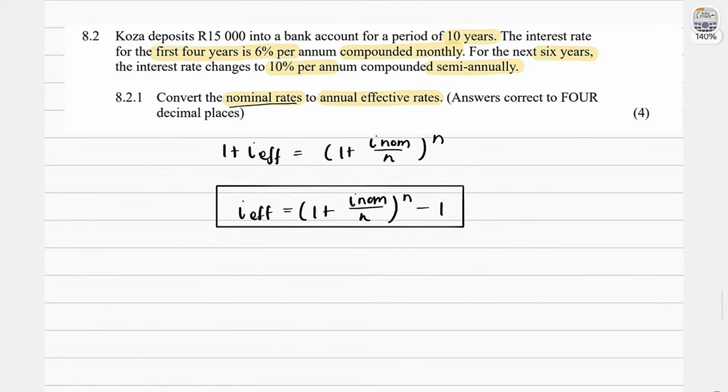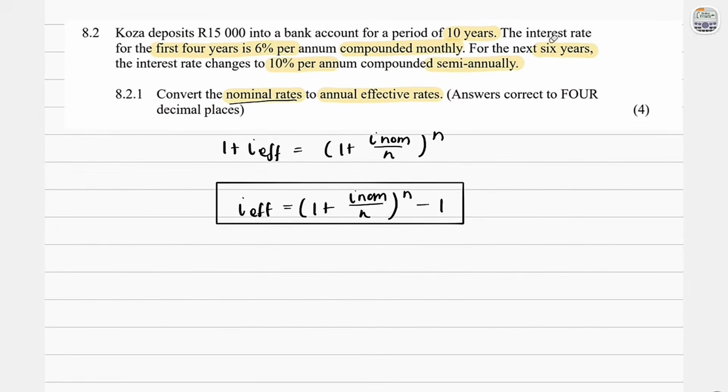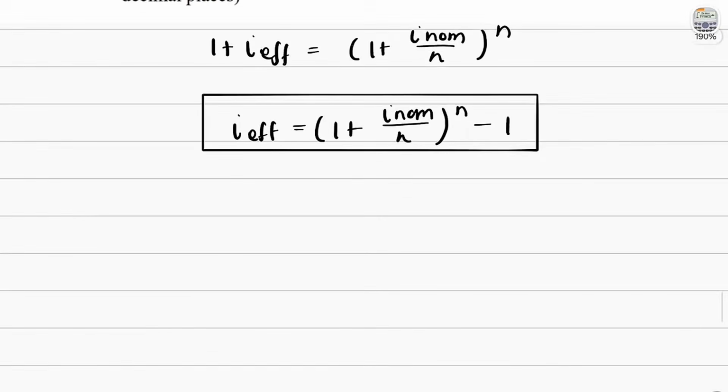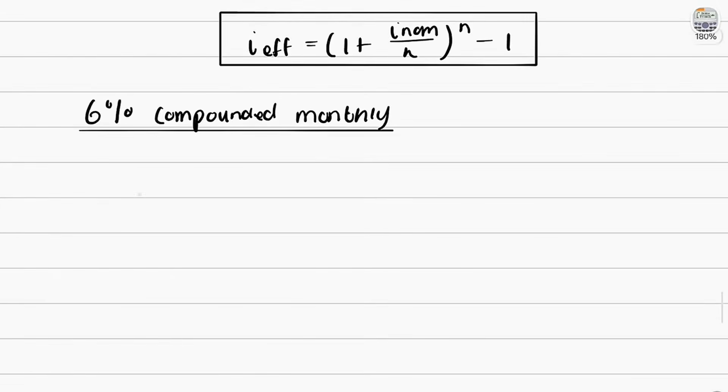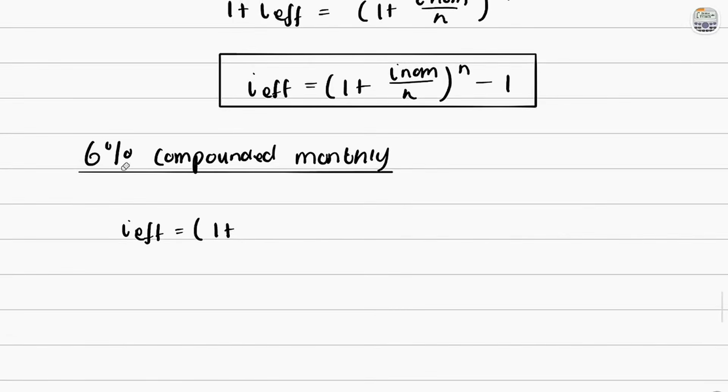So the first info that we had was that the interest rate for the first 4 years was 6%, but it was compounded monthly. Let's just deal with the 6%. So to get the effective interest rate here, we'll say 1 plus, and this is what we were quoted, 6% per annum compounded monthly.